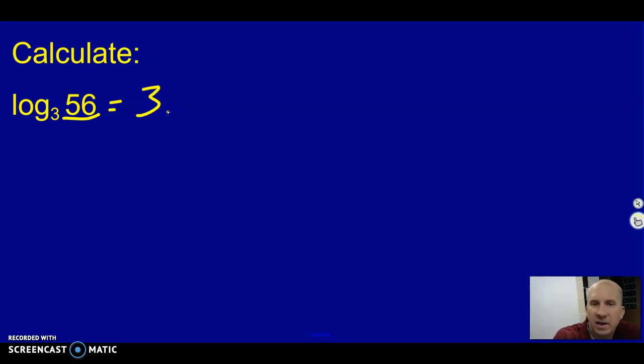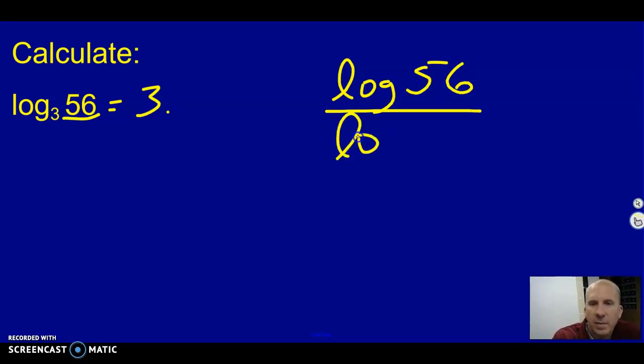But in order to get that actual decimal as accurately as we can, we're going to use the change of base formula. We're going to rewrite the problem as log 56 divided by log 3. We've changed the base from base 3 to two logs of base 10. That's the change of base formula. Then you can just type this right into your calculator.